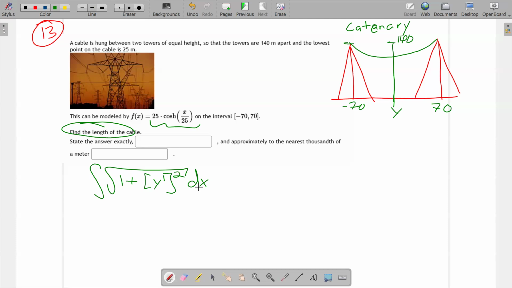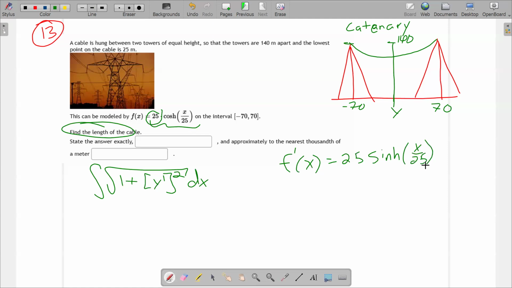f is given there, so f prime of x. The 25 out front hangs on because it's a constant multiple. The antiderivative for the cosh is just the hyperbolic sine, sinh. So I'm going to have sinh of x over 25.